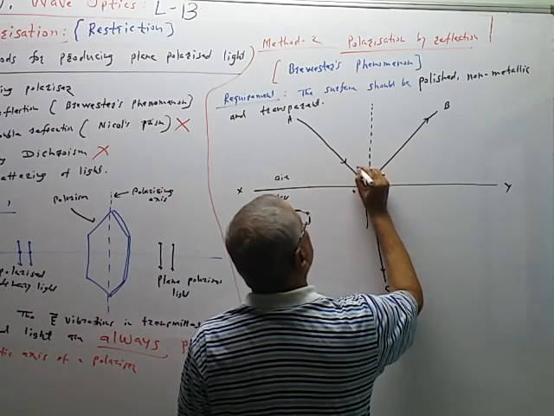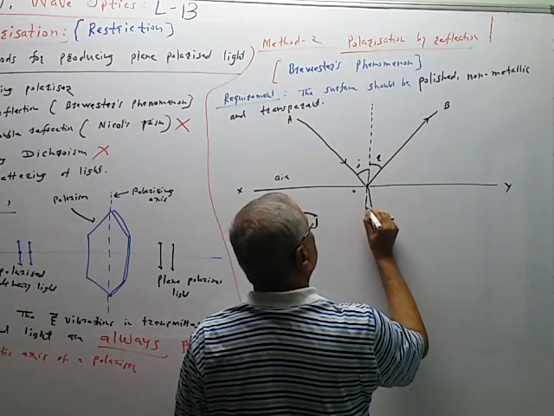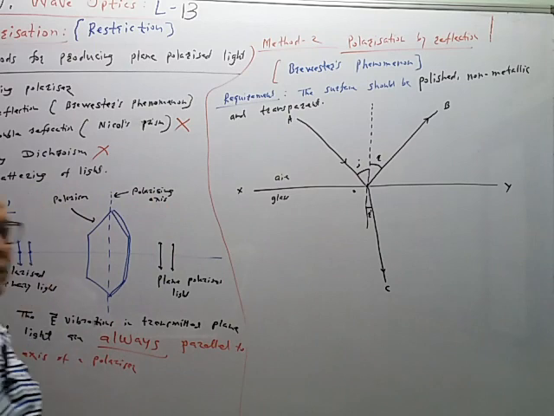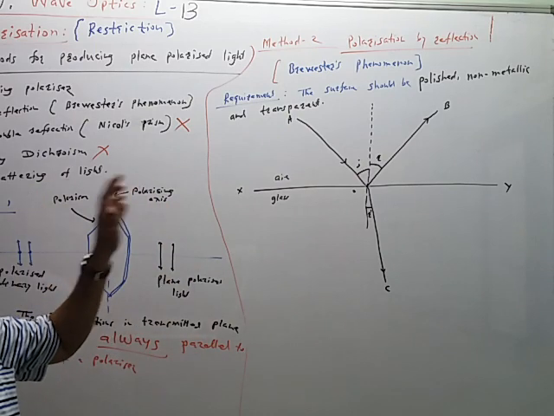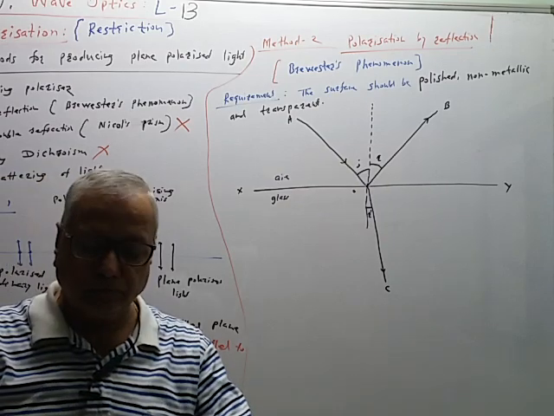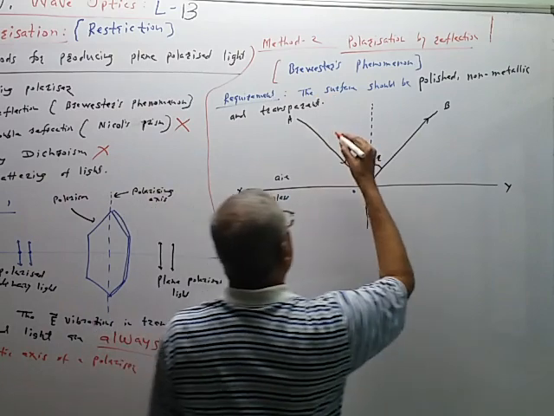This is angle of incidence I. This is angle of reflection R. This is angle of refraction R dash. So this is the phenomenon of partial reflection, partial refraction. Now we have to use this phenomenon for producing plane polarized light.